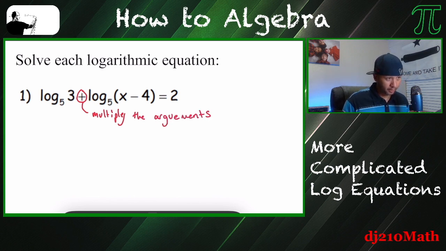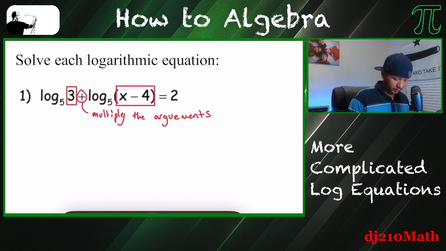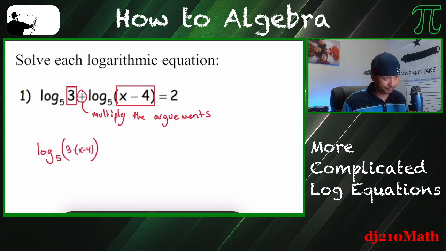So we want to multiply the arguments, meaning these two. So a single log, log base 5, and then the argument is going to be the product of the two arguments, so x minus 4 times 3 equals 2. So we've got it down to 1 log.